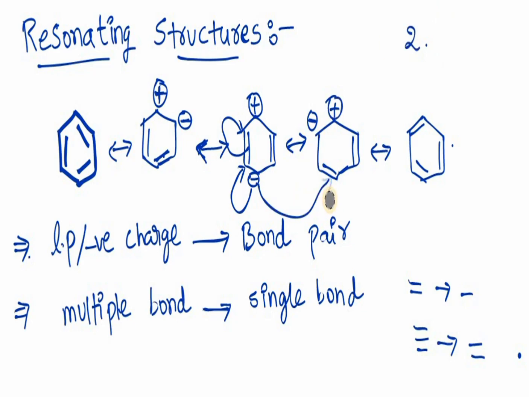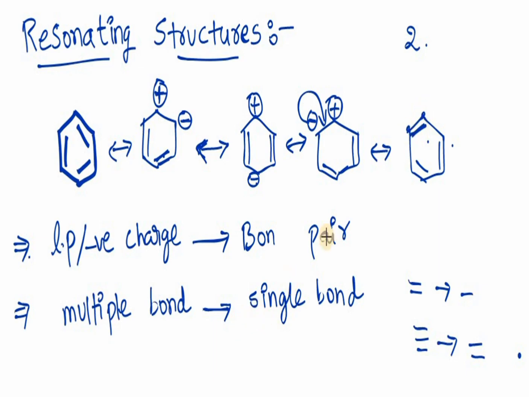Next, the same step will repeat. This negative charge will become a double bond here. The positive charge also will be removed, as these electrons are shared between these two carbons.